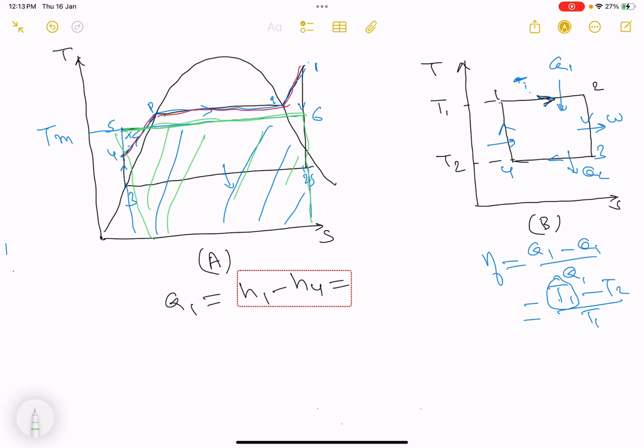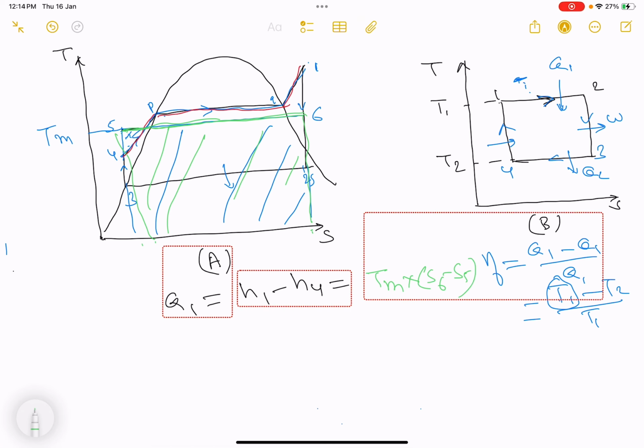So the area of a rectangle is height into width. This will be equal to Tm, the mean temperature of heat addition, which is the height, into the width, since it moves from 5 to 6 and the x-axis is entropy. So the width is S6 minus S5, the change in entropy because of heat.